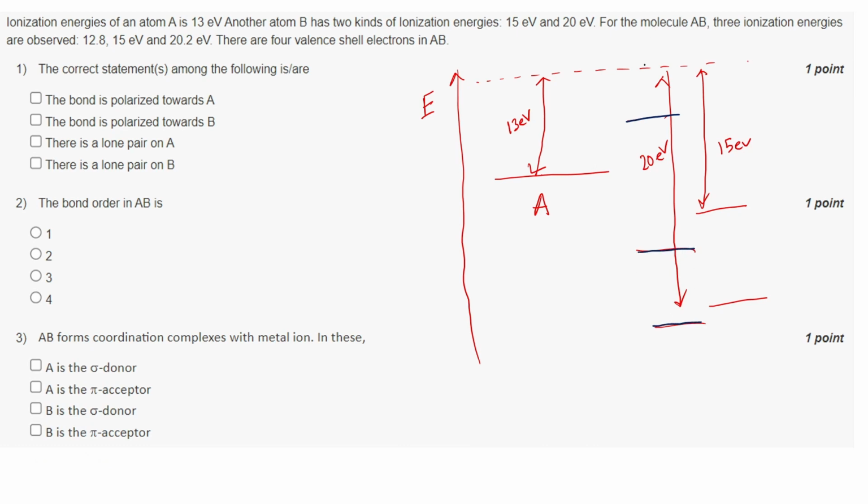Why I constructed it like this? Because they are saying one of the MOs has energy 12.8. The scale is not correct. See, this is 13, this is 12.8. They are actually close. This is a little higher than this A. Then another is having 15 electron volt. I should draw properly.